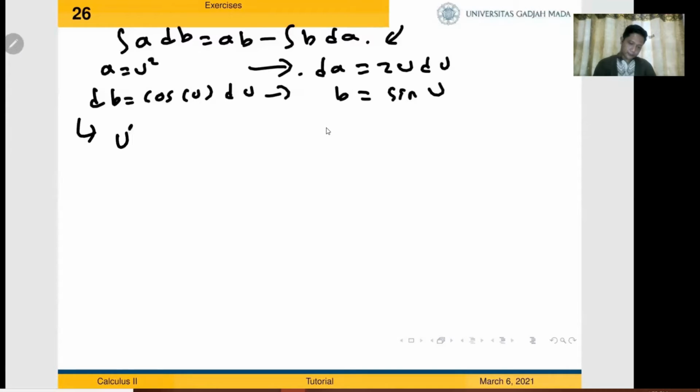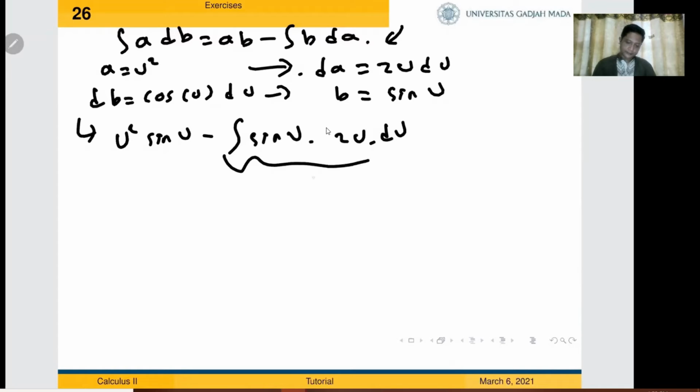So I have u squared times sin u minus the integral of b da. B is sin u, da is 2u du. And again, we use integration by parts once again.